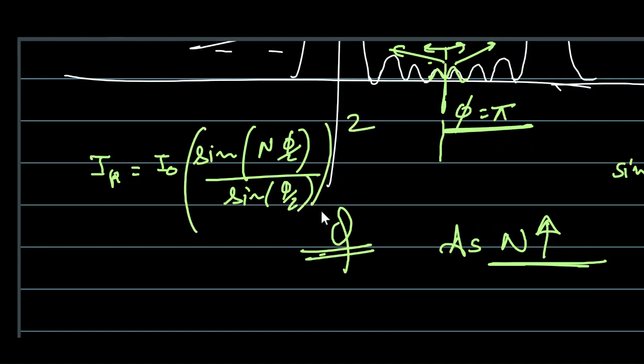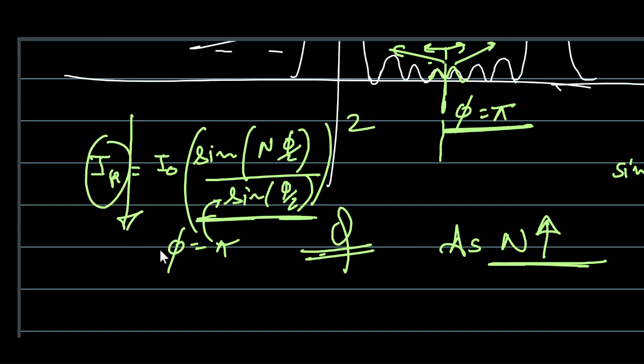Now if we increase the value of the denominator, it is a very qualitative argument, that when phi happens to be pi, the denominator is maximized, and so the intensity of the secondary maximum is minimized. So the bump will be the shortest at phi equal to pi. So this is another argument which we can use for the reduction.